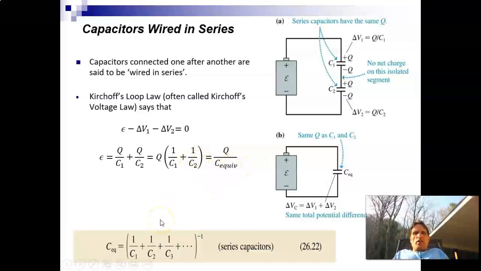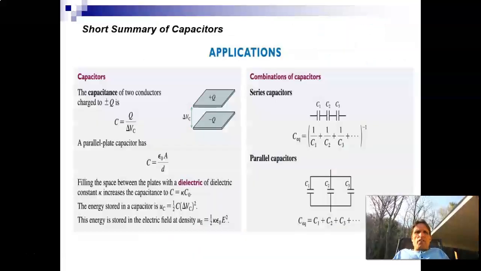So if we connect capacitors in series, we have to add all of their inverses, and then hit the inverse button on the sum of these inverses to get the equivalent capacitance. I think it's easiest to do a couple examples, and that is in fact what we're going to do to end this.